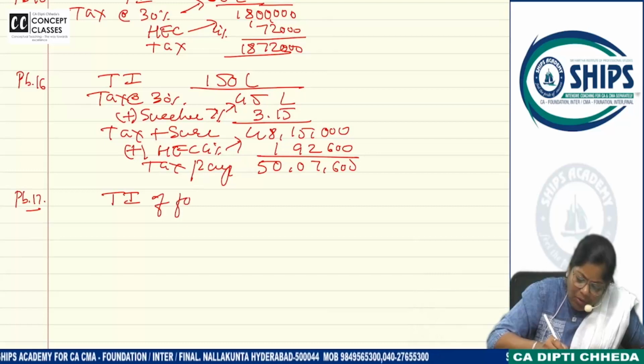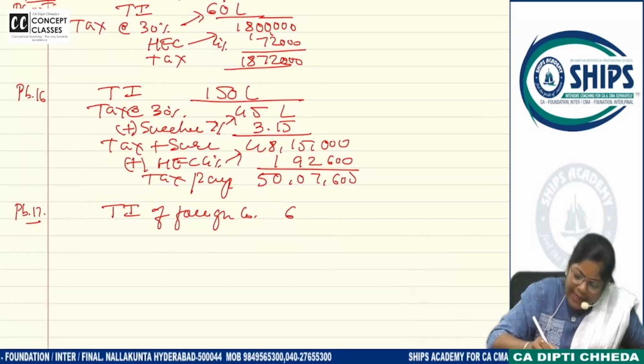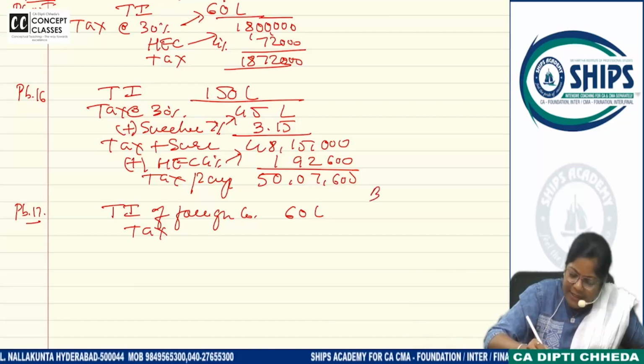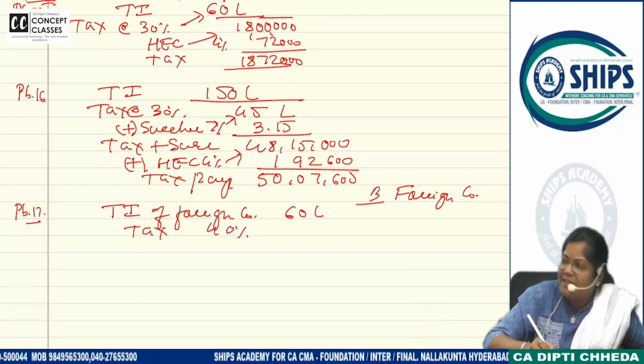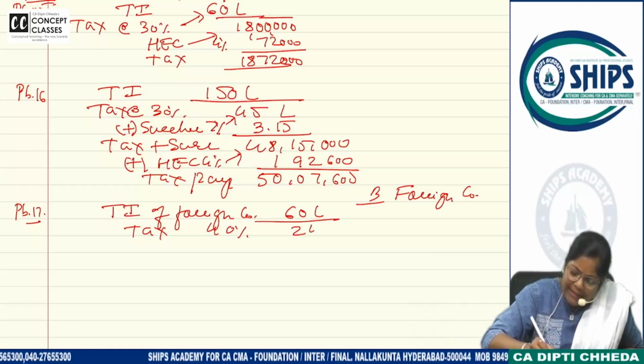Total income of foreign company. How much it is? Again 60 lakhs. So what will be the tax now? Yeah, I missed writing here. Write down B. We are calculating the tax now, foreign company. So 40%. 24 lakhs.